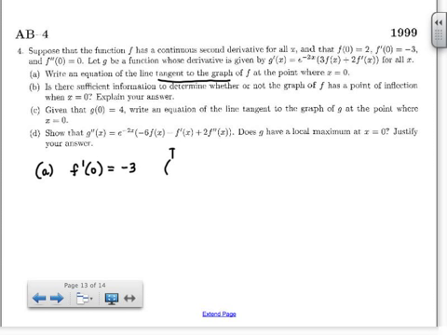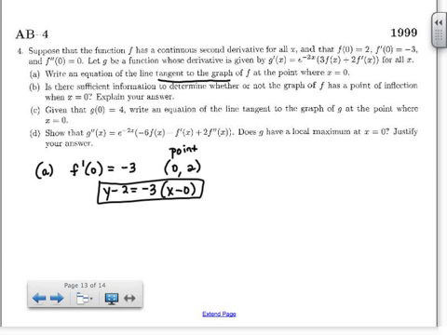If you notice, when you plug in 0 into f, you get 2, because we knew f of 0 was equal to 2. So that means that I have y minus 2 equals m, so -3, times x minus 0. You can leave your answer like that, and we actually recommend that you do, so that you don't make any errors in your simplification.